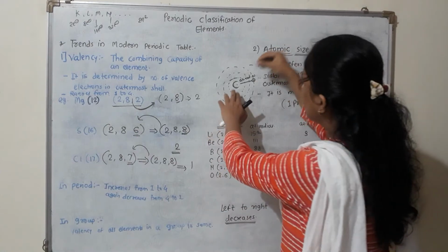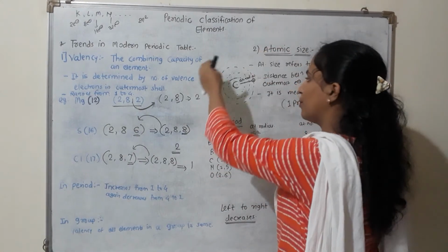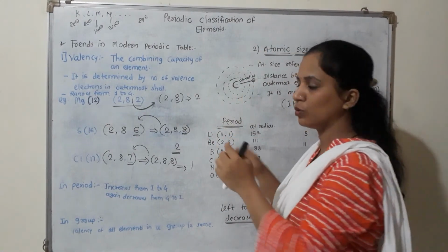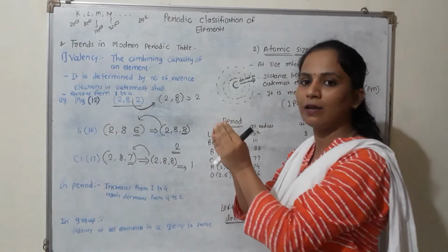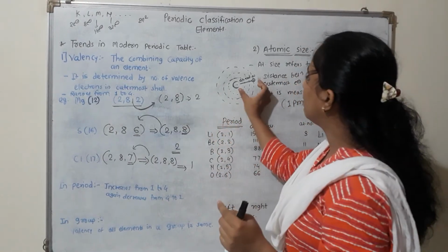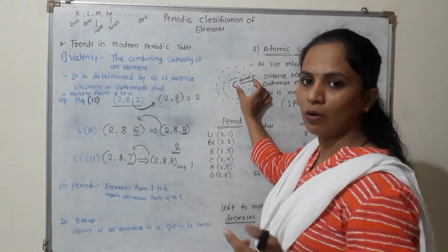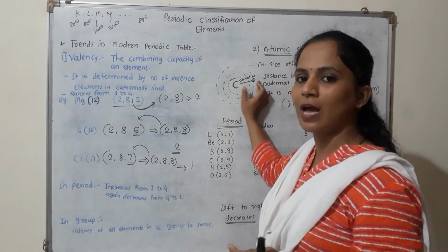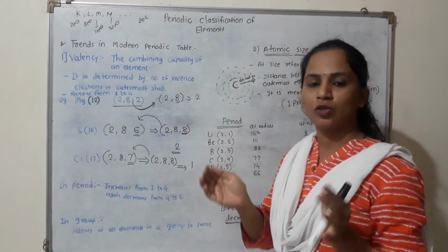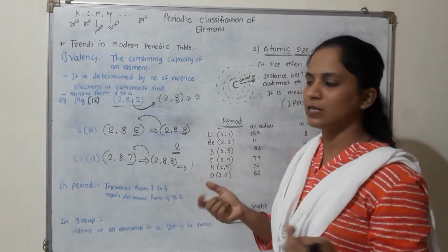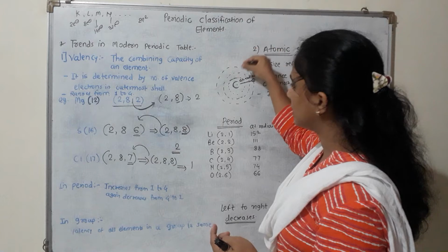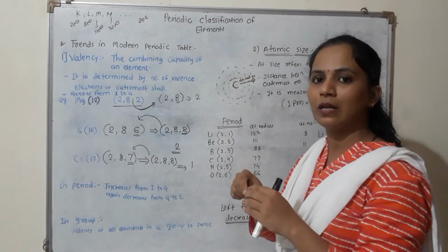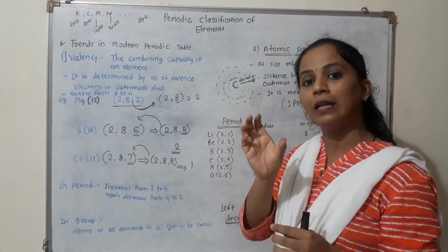As the number of electrons increases, the number of protons also increases. So there is a strong electrostatic force of attraction between electrons and protons, because protons are positively charged and electrons are negatively charged, and you all know there is a force of attraction between opposite charges. So the force of attraction increases.